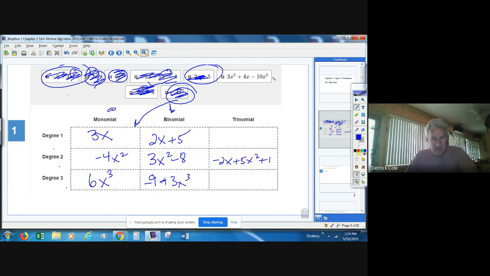And degree 3 with 3 terms. So I don't have a first degree with 3 terms. I don't have a linear equation with 3 terms. You can't really have that.